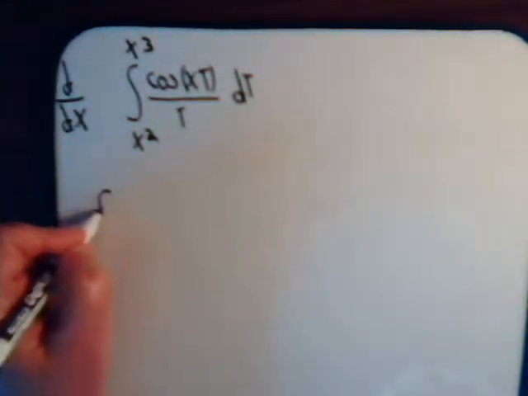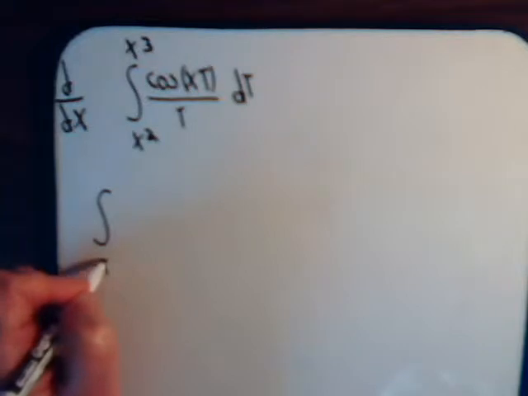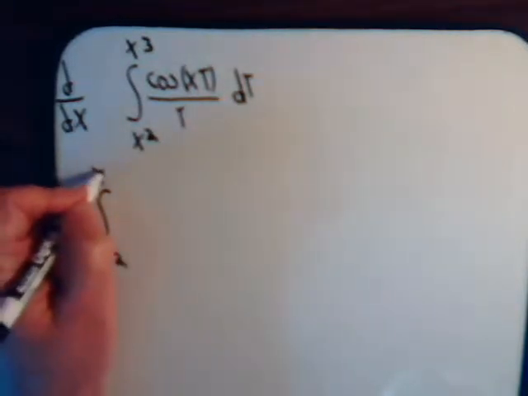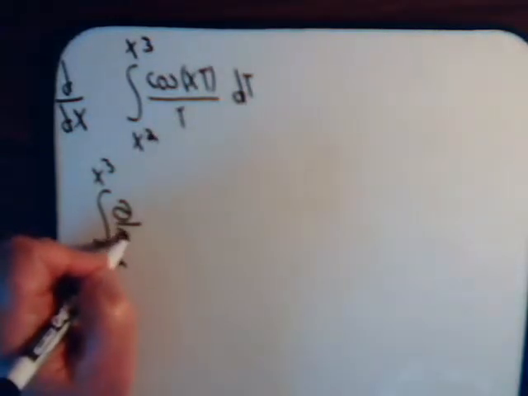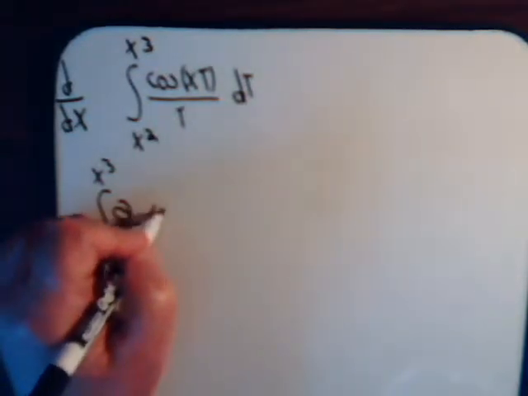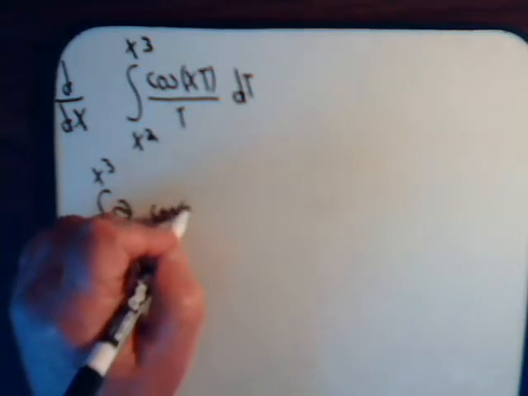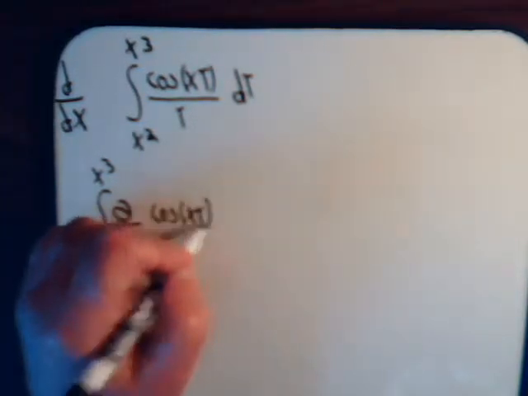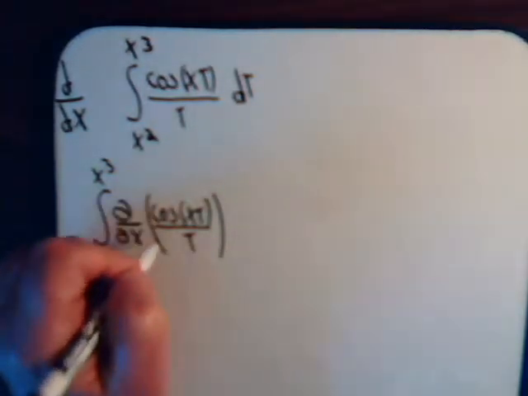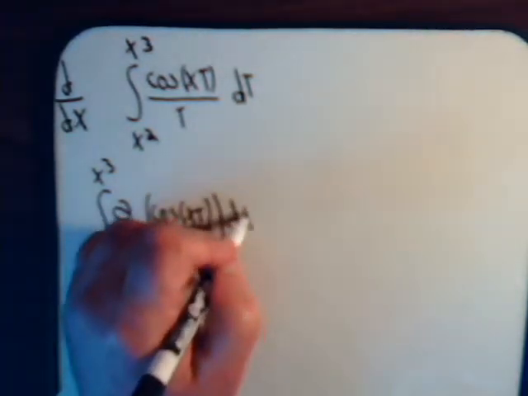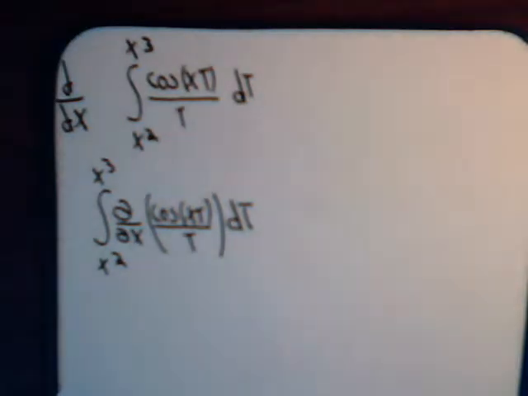So we're going to have the integral from x squared to x cubed, the partial with respect to x, of cosine of xt over t dt.